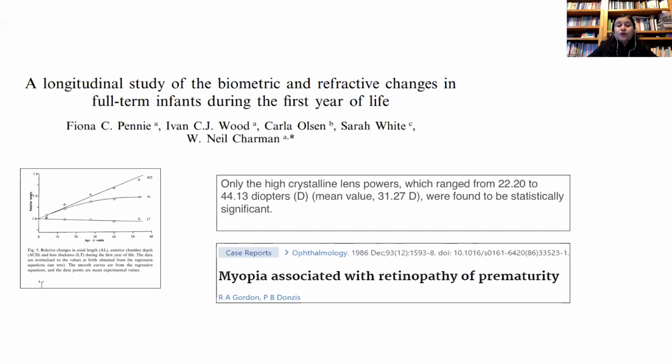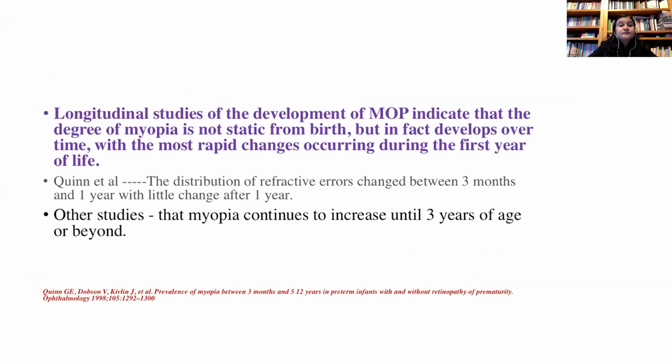So Gordon et al., in their very small subset of patients with retinopathy of prematurity in 1986, reported that children with retinopathy of prematurity have higher lens dioptric value, which was statistically significant compared to full-term babies.